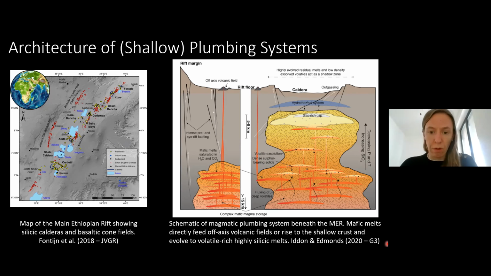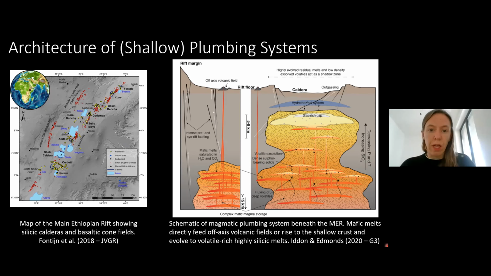So basically chock full of crystals, but in which discrete pockets of residual rhyolite melt would still exist. And those reservoirs could also develop a volatile rich cap. So it's an exsolved volatile phase that concentrates towards the top. And it's those volatiles that would interact with the hydrothermal system and basically drive a geothermal reservoir that in some places is tapped for resources.